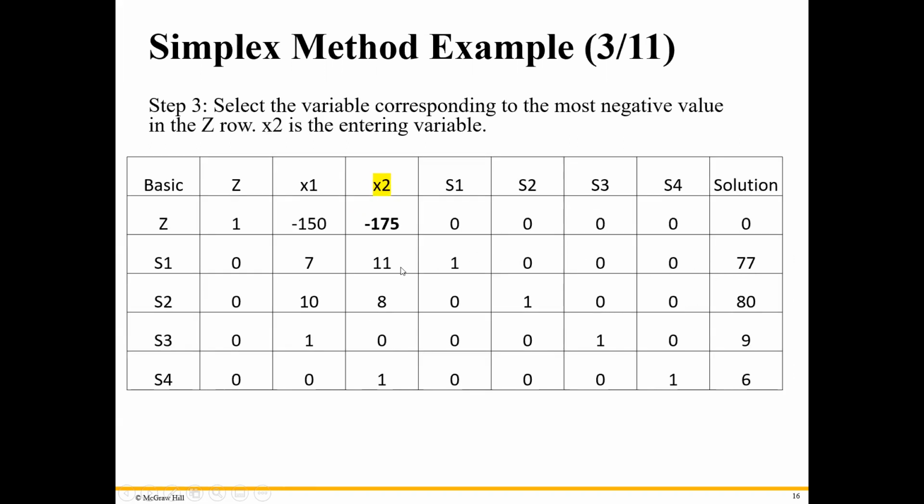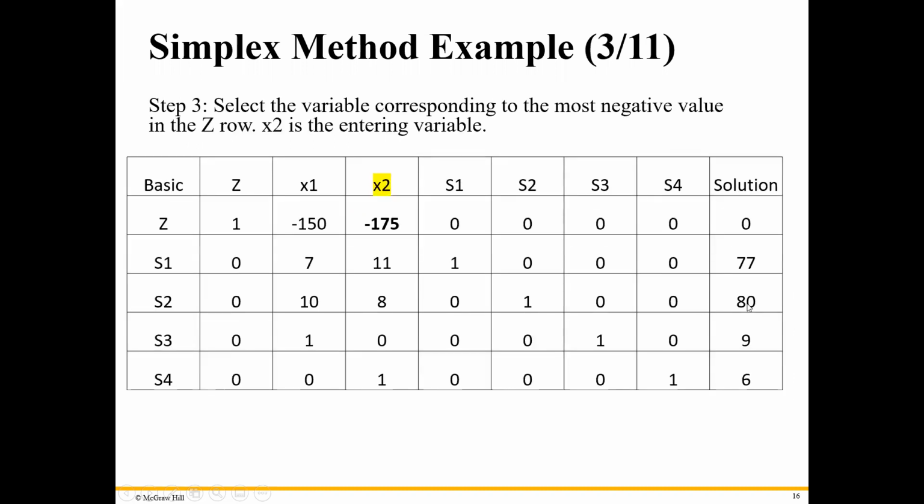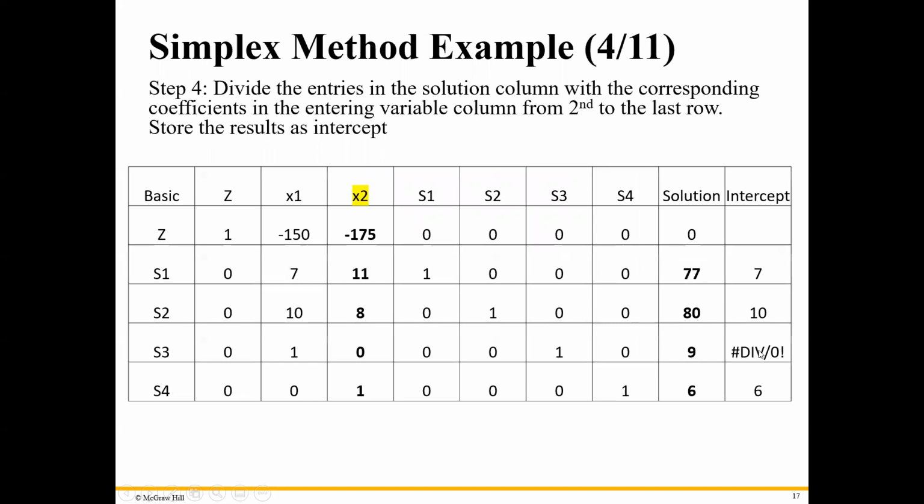Sorry, 77 divided by 11 is 7, and 80 divided by 8 is 10. I did this example in Excel, so it gives the error division by 0. That is fine. So we got the values 7, 10, infinity, and 6.